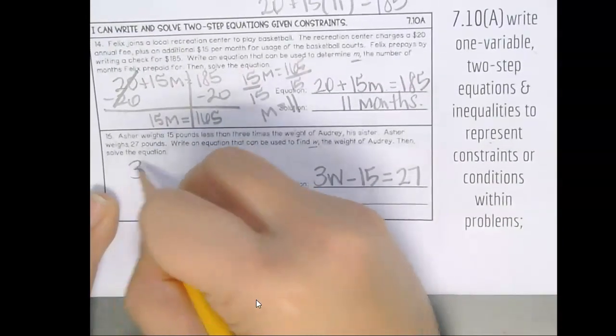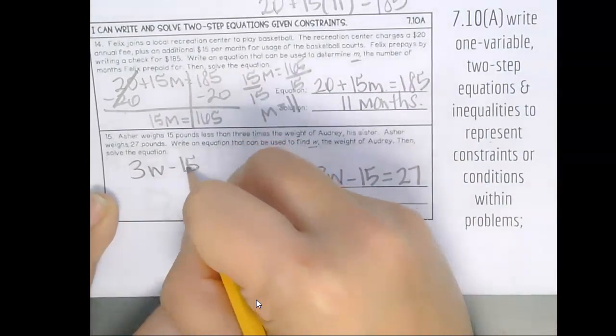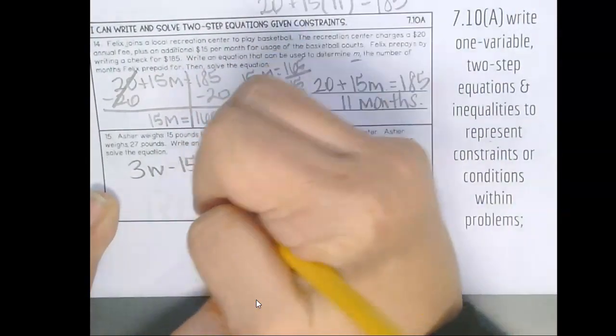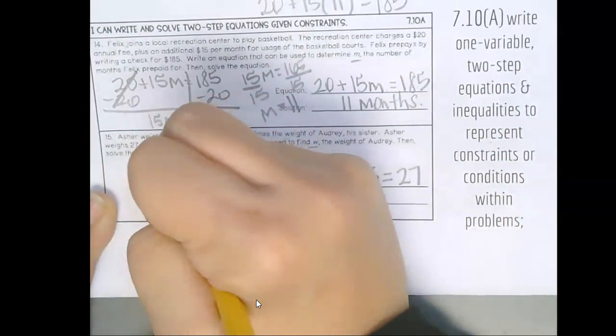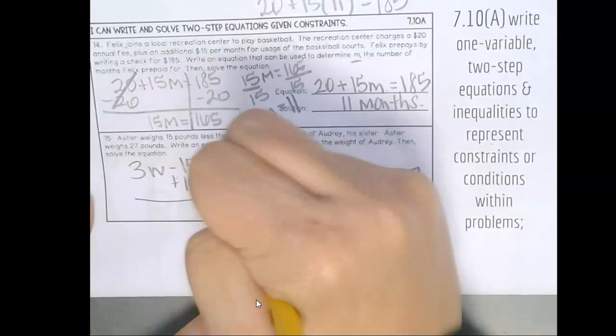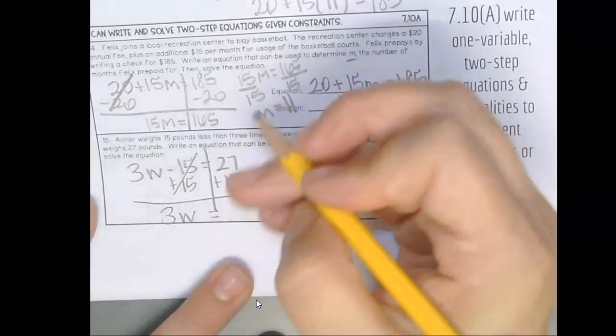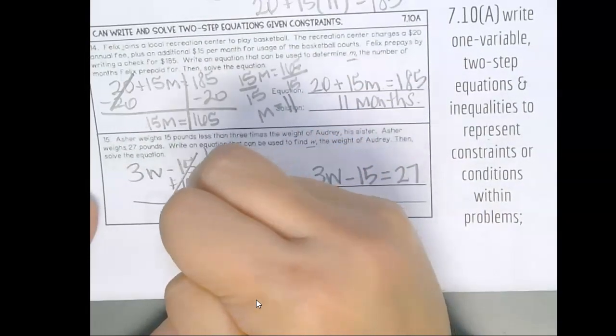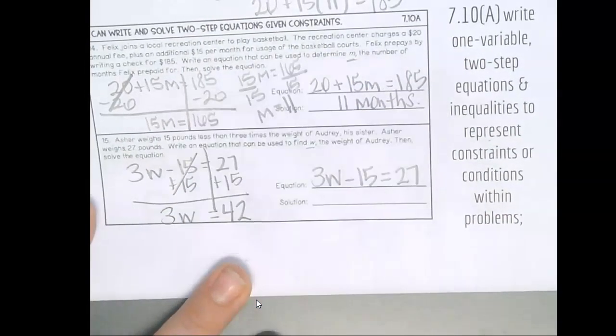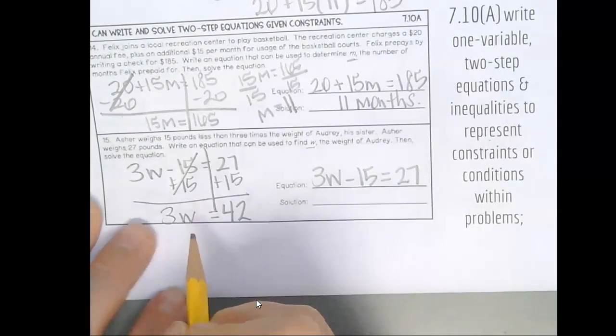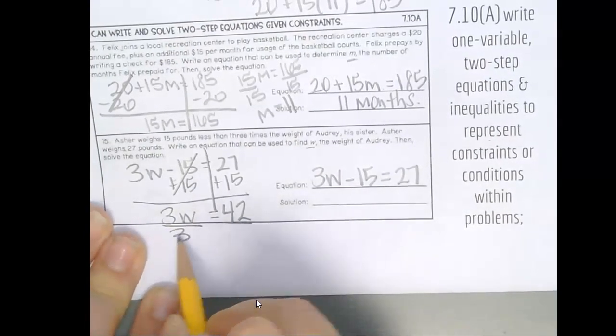So we have 3W minus 15 is equal to 27. We'll add 15 to both sides of our equation. 3W is equal to 42. 27 plus 15 is 42. Divide both sides by 3.